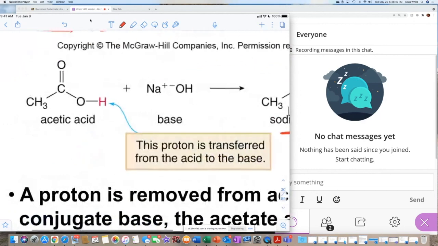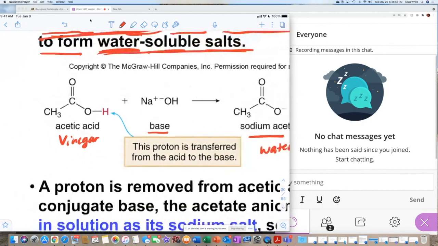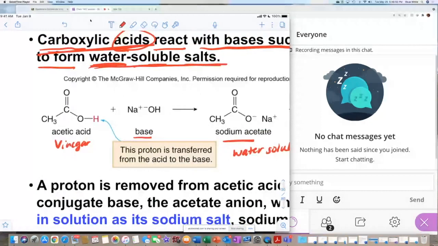So here's our acetic acid. This is vinegar. We're going to react this with base. And please realize they're separating these compounds into parts to help you visualize this, right? So here, this is normally sodium hydroxide, but they separate these into ions.